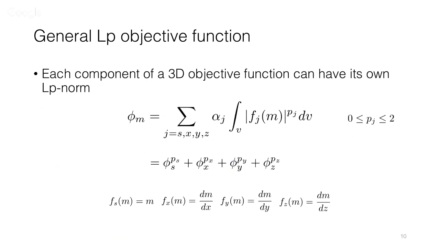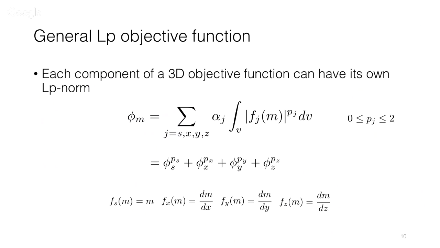With our general objective function, we've got something that looks like this. So phi m is just a sum of all these terms, where f_j could be the model, or it could be m minus f. Fx could be the derivative with respect to x, fy the derivative with respect to y, and so on. So we've got four of these terms, each with a different quantity in here, and each potentially with a different p-value.